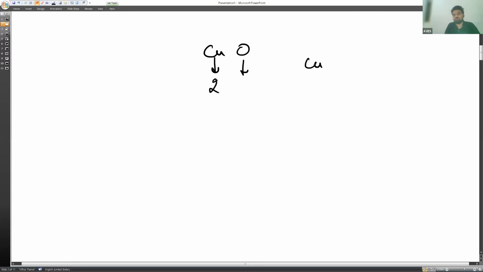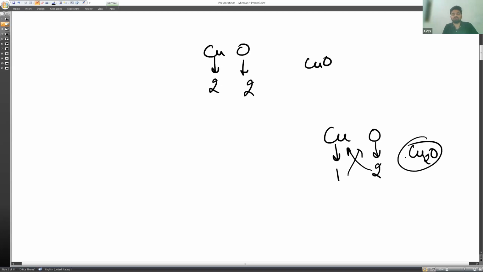But if it says cuprous oxide, then you have to take copper valency as 1 and O as 2. You cross multiply and you get Cu2O. This is cuprous oxide. This is cupric oxide, or copper oxide.